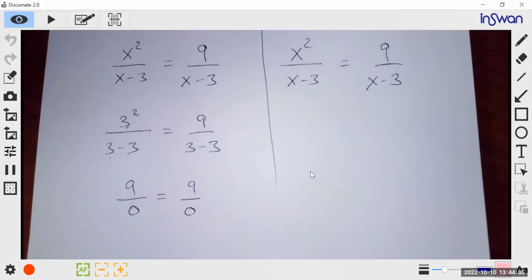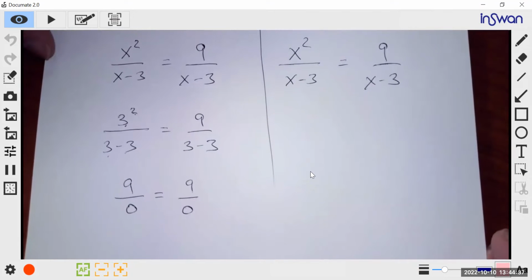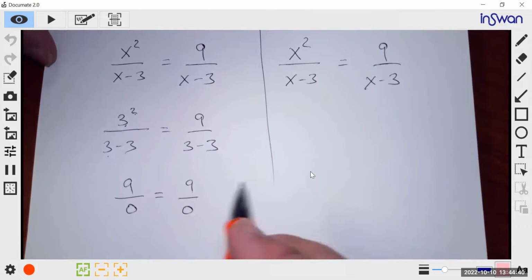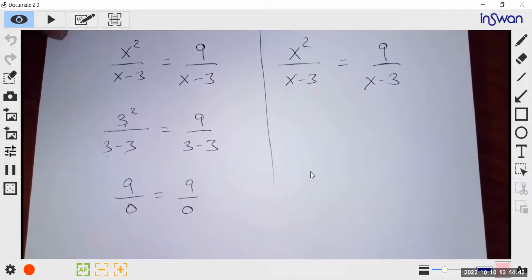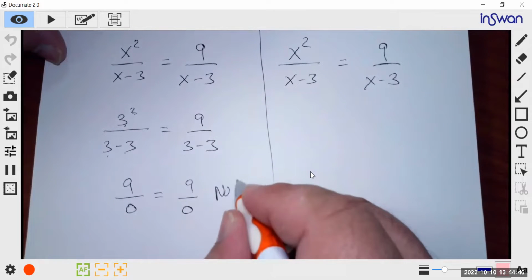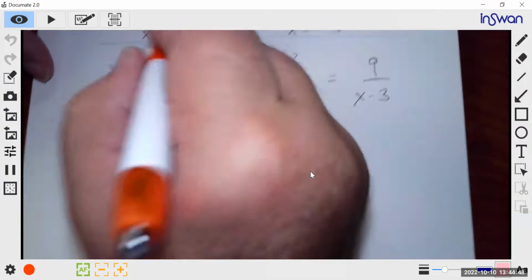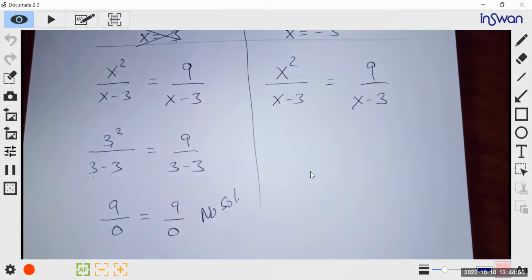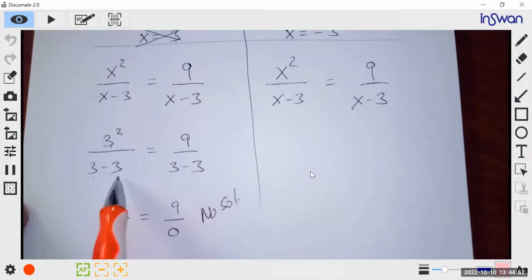So what does that tell you? Are they equal? No. Can you divide by 0? No. So no solution. So it cannot be 3 because it makes the bottom equal 0. You cannot have 0 on the bottom.